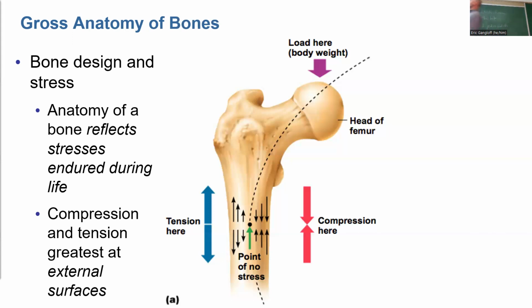When stress is pushed on this, it's going to compress one side of your bone while creating tension, kind of pulling forces, on the other side. So in the middle of that, you have a point where there's no stress in the center of the bone. This allows your bones to be both strong and lightweight, which is pretty cool.